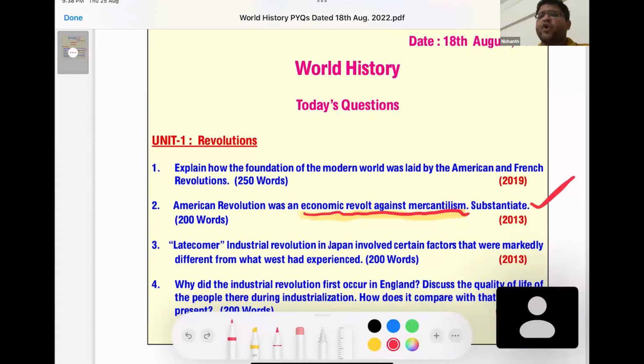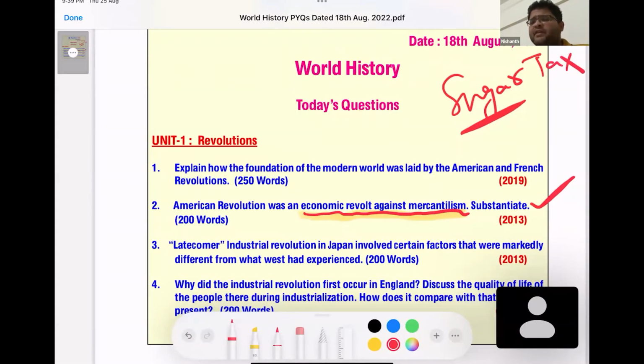They revolted, and one of the major things was that the British imposed many taxes. Some of the taxes are the sugar tax, which was a very controversial tax during this time. Similarly, the British imposed many taxes on the American traders, so this attracted the wrath of the American traders and American society in general.